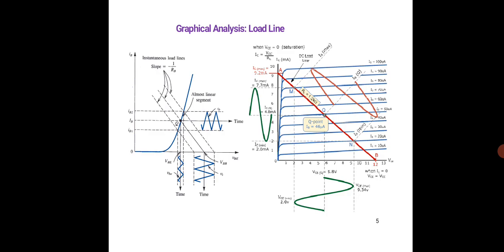The line indicated is the load line, and you can see a Q point over here. On the left hand side you can see an instantaneous load line. So we have various load lines, and you can see the Q point plotted almost in the linear segment.